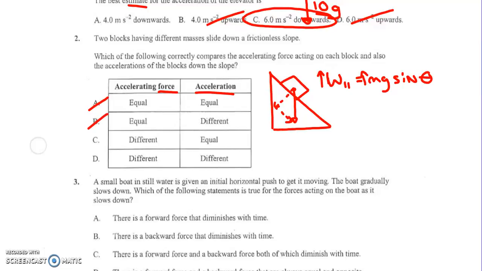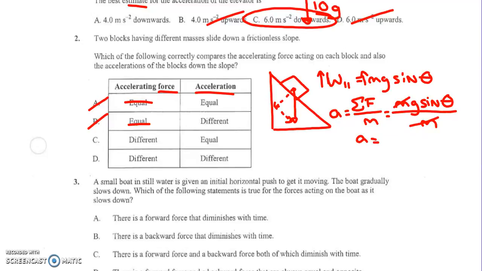So I know that the forces are different. Okay, but now the question is the acceleration equal or different? So I know the acceleration is equal to the sum of the forces over m. Like I said, the only force is the weight parallel. So this is mg sine theta divided by that mass. And so what we see is that the mass cancels out and the acceleration is just g sine theta. So the accelerations are independent of mass, so they're equal.